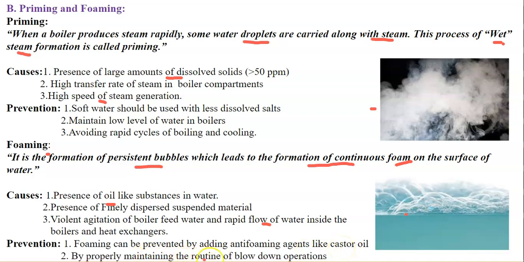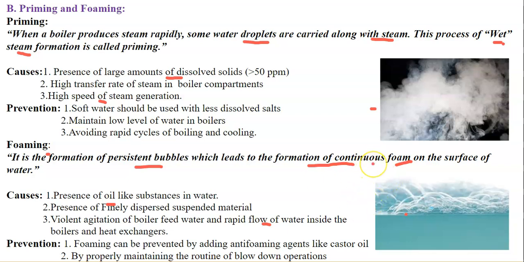Second, by properly maintaining routine blowdown operations. Blowdown operations means frequently exchanging or replacing the water which is present in the boiler. That means the water gets replaced, so every time we use another sample of soft water.